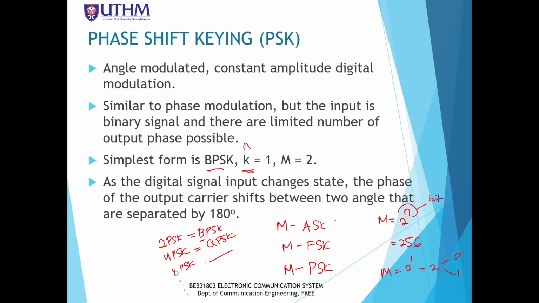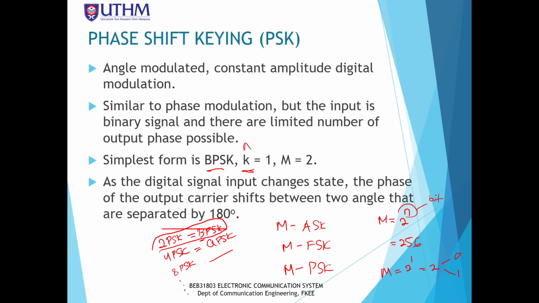For your syllabus, for PSK, we are learning up to BPSK. Later we have another one, which I will show you later. So for PSK in this slide, it is up to 2 PSK, which is binary phase shift keying, BPSK.